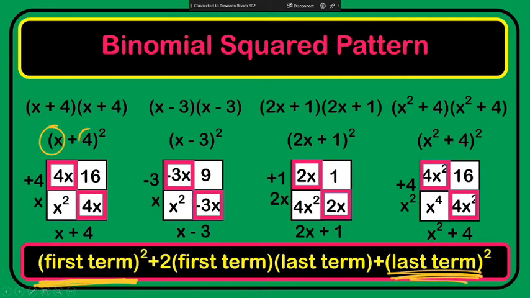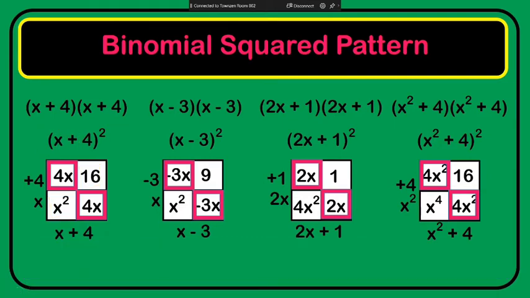And so our last term would be the 4. So when we do our first term squared, that's where the x squared comes from. The last term squared, 4 squared is 16. That's where the 16 comes from. And then the middle terms, it's 2 times the first term times the last term. So it's 2 4x's. So that would be 8x.